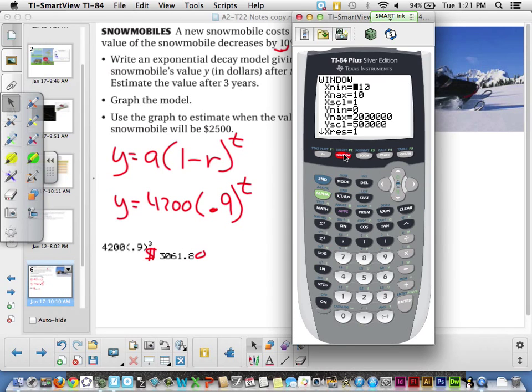Probably want to start your minimum value of T at 0, because that's when you buy the snowmobile. Probably keep this snowmobile, let's say 5 or 6 years. Let's take the scale of 1. Minimum value of the snowmobile, I hope it doesn't go any lower than 0, so we'll keep 0. And the maximum value is 4,200. That's what you bought it for. And let's make our scale in this one, let's try 500.